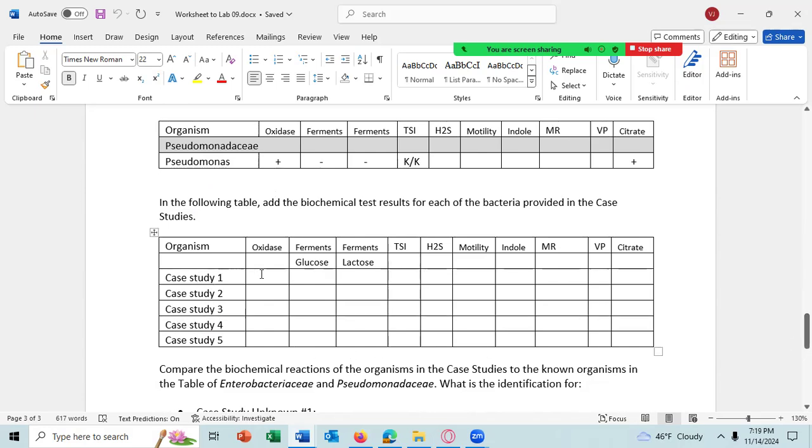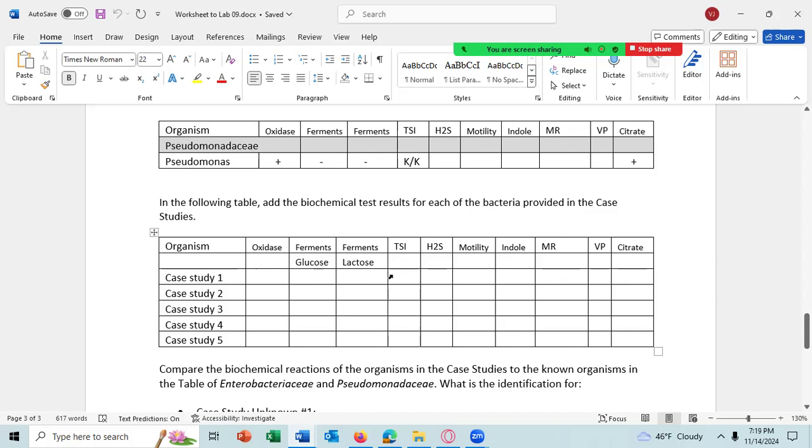For case study 1, whether it was oxidase positive or negative, whether it ferments glucose, whether it ferments lactose, what the triple sugar iron results were, H2S results were. This will be positive. This one will be a little more description, and you can either blow this cell up or just write it in.